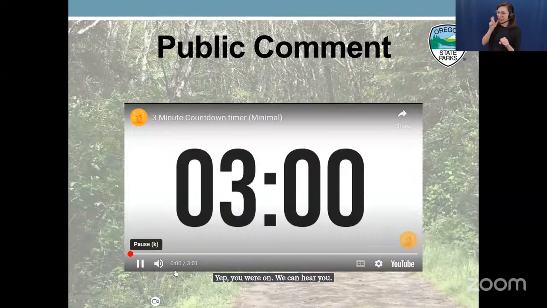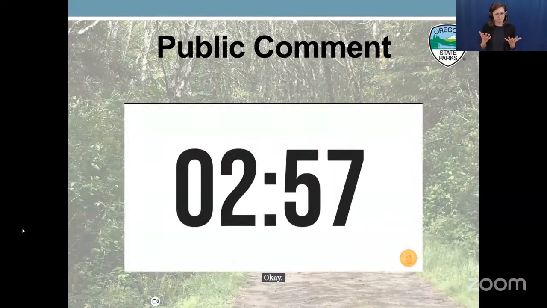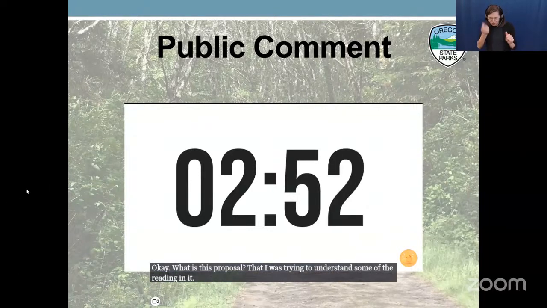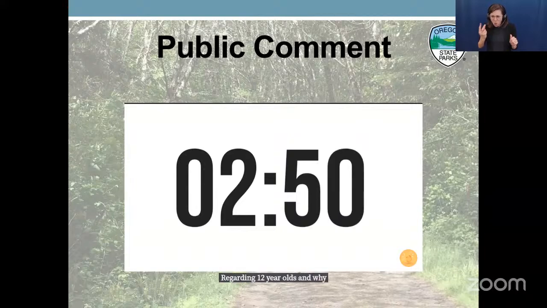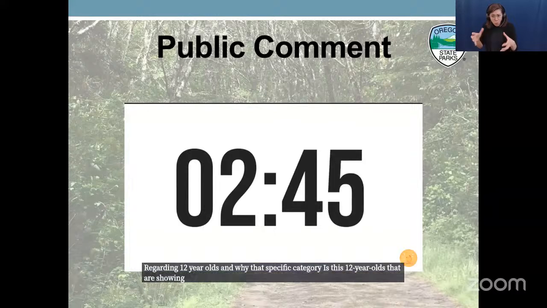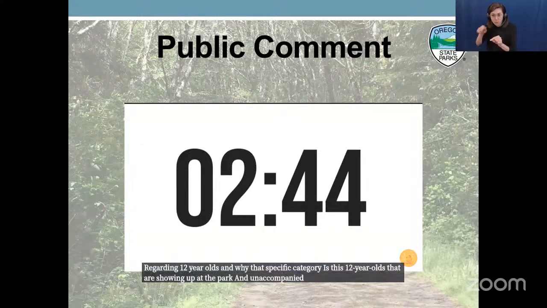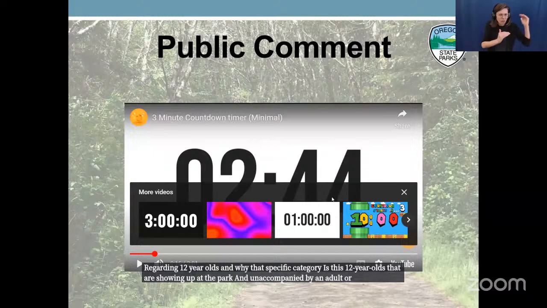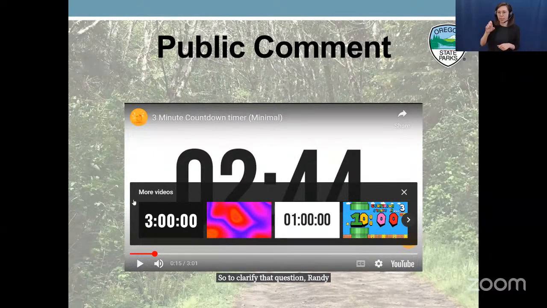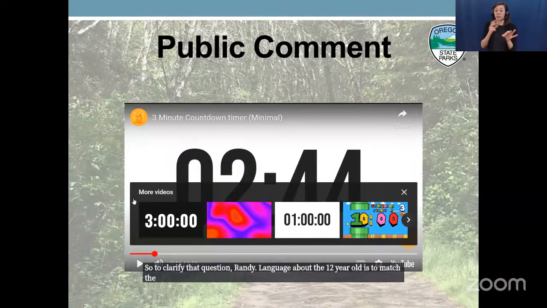Okay. What is this proposal? I was trying to understand some of the reading in it regarding 12-year-olds and why that specific category. Is this 12-year-olds that are showing up at the park unaccompanied by an adult, or is this anybody that is of that age or less accompanied? To clarify that question, Randy, the language about the 12-year-old is to match the Oregon Revised Statute, where they removed that language.